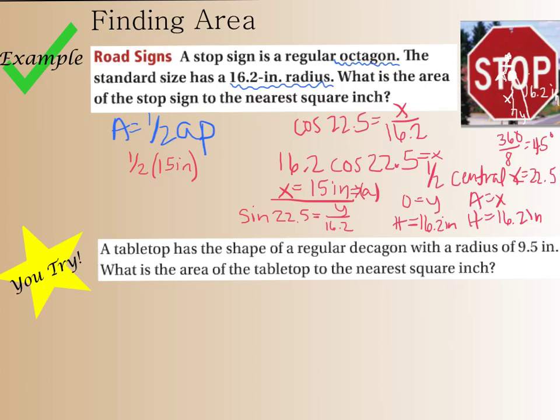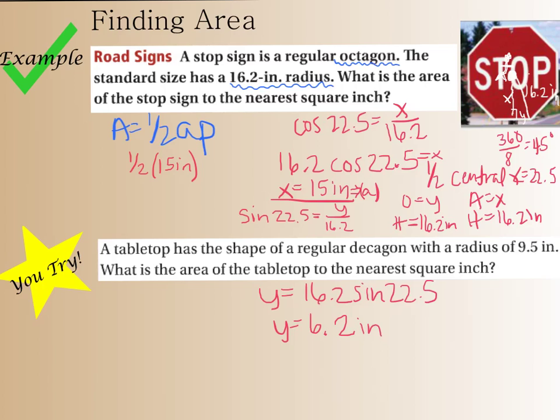So I'm going to multiply those, and I'm going to move my work down here into the U try space. I get Y equals 16.2 sine 22.5. I put that into my calculator, and I get that Y equals 6.199. So I'm going to round it to 6.2 inches.